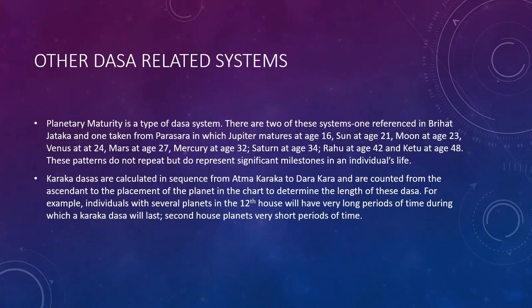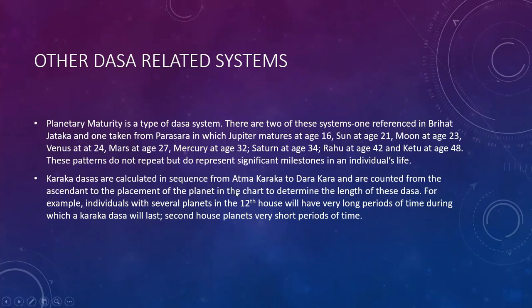Jupiter matures at age 16 when we're looking for groups to belong to, Sun at age 21 when we're looking to make our mark in the world, Moon at age 23 when we're thinking about security and family, Venus at age 24 when we're thinking about luxuries and comforts, Mars at age 27 when we're thinking about making our actual mark in the world or getting serious about career, Mercury at age 32 when career maturity seems to have been boisterous, Saturn at age 34 when we're settled into a career, Rahu at age 42 when we start to get a little dissatisfied and start questioning our life's direction, and Ketu at age 48 when we either don't care or we've decided on a spiritual direction.